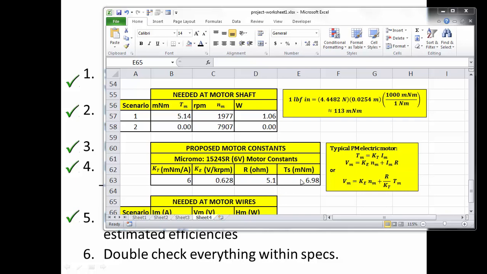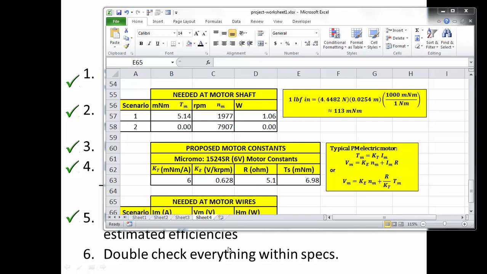Of course, we've already talked about the stall torque, but there are 3 additional constants. There's the torque constant, in this case millinewton meters per amp. There's the voltage constant, or the back EMF constant, which is volts per 1,000 RPM. And then there's terminal resistance. It's a brush type motor, so there are really only 2 wires, and that resistance is between those 2 wires. If you measured it with an ohm meter, that's what you would get.